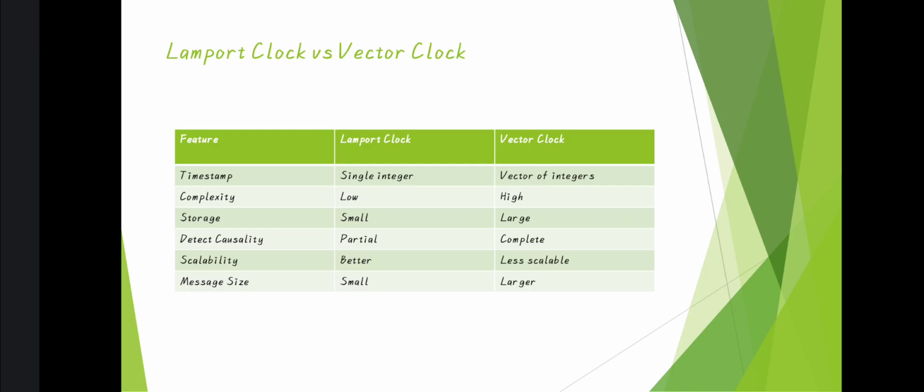Detecting happens-before: Lamport clock partial, vector clock complete. Scalability: Lamport clock is better, vector clock less scalable. Message size: Lamport clock small, vector clock large. These are the differences between Lamport clock and vector clock.